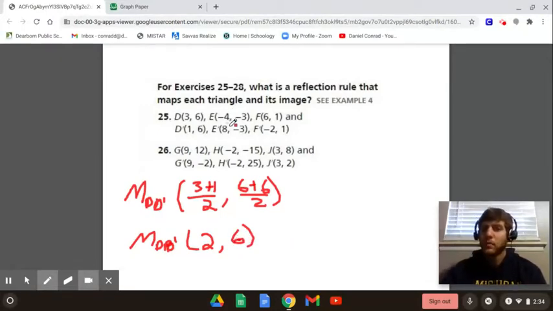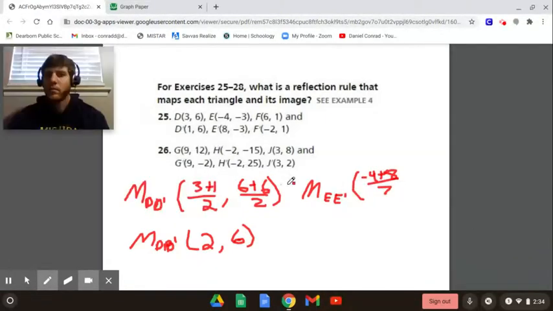Okay, and then we can do the same thing for E and E prime. So we're going to do the midpoint of E and E prime. Our 2 x values there are negative 4 and 8, so negative 4 plus 8 divided by 2. And our 2 y values there are negative 3 plus negative 3, divided by 2.